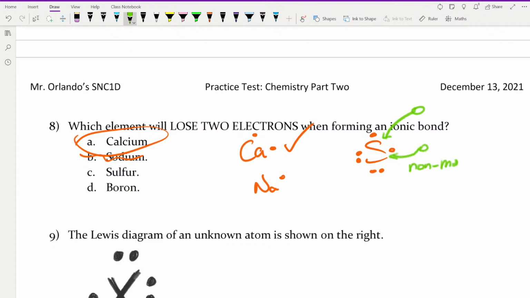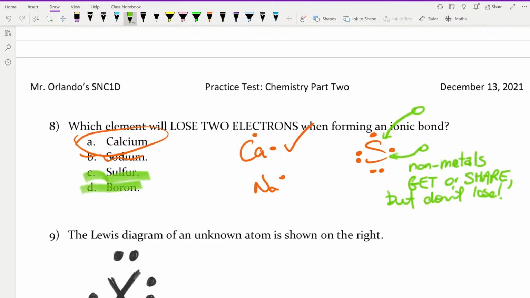Nonmetals get electrons in ionic compounds. They get or share, but they don't lose. So it can't be sulfur, it can't be boron. So the correct answer has to be calcium.